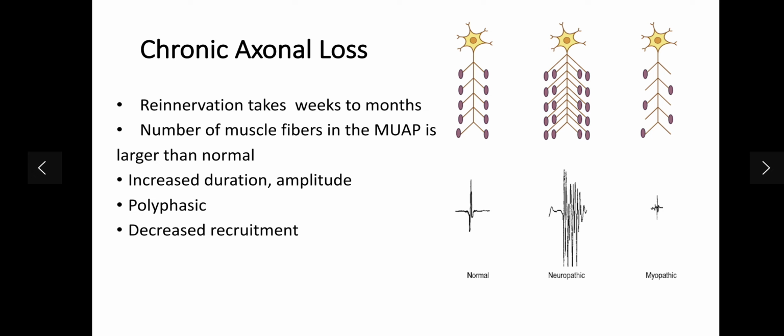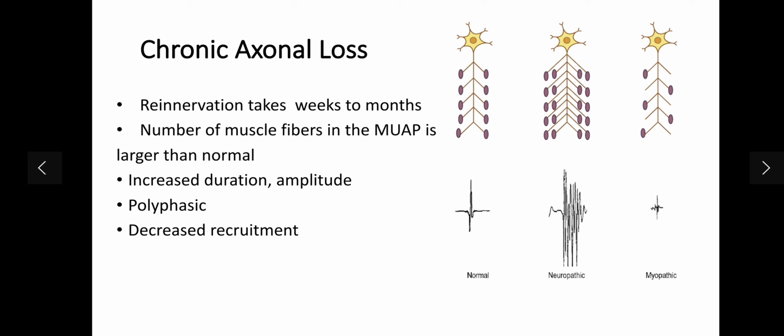The other pattern is chronic axonal loss, and this happens when re-innervation takes place, and usually it happens after weeks to months. The number of muscle fibers in the motor unit will increase.